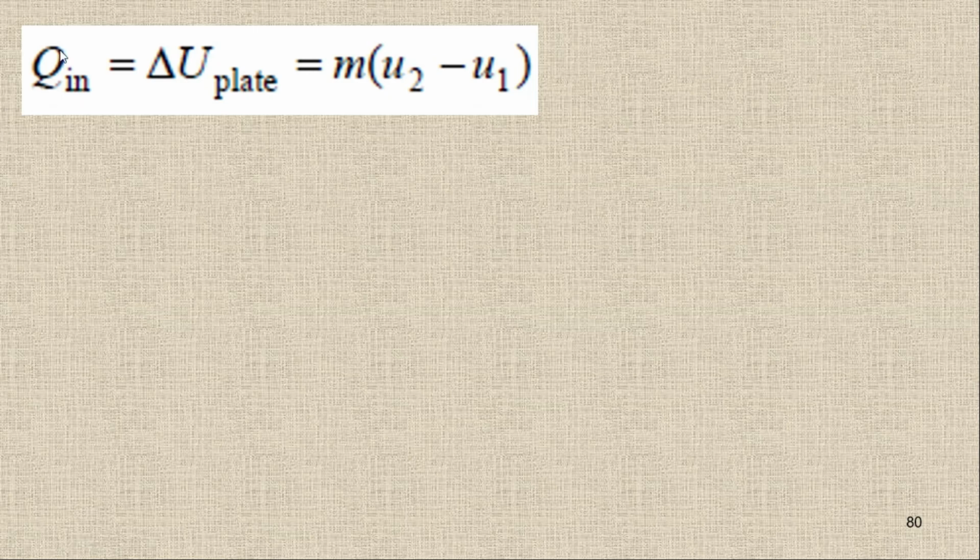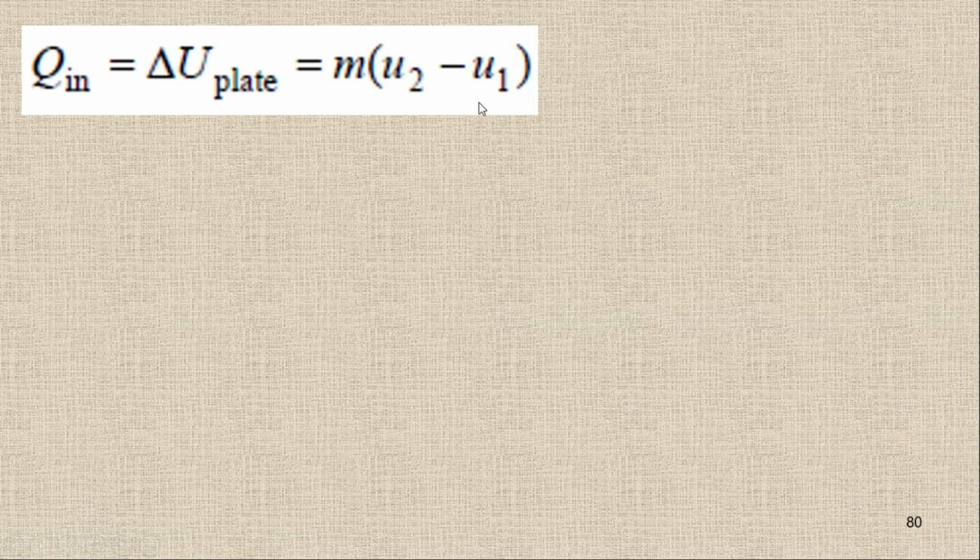Now for the energy equation we have Q in, and this Q in is simply Q dot times time, because the rate of heat transfer is simply Q upon time. So I just multiply the time with the Q dot, and then you will get the Q in value. We have delta U here, so it's simply m(U2 minus U1).